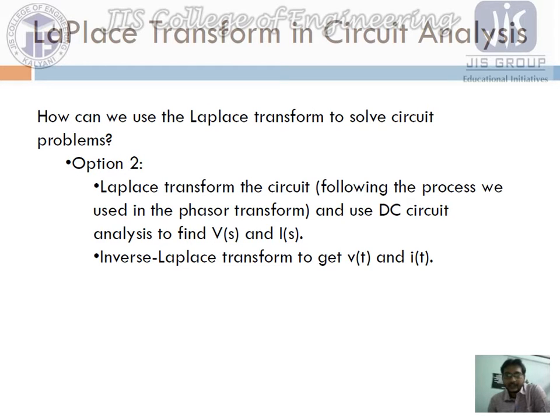So in the second case, whether it is a DC or AC circuit, first, at the starting, we apply the Laplace transformation to the whole circuit, and then whatever equation comes, we take its inverse Laplace operation.